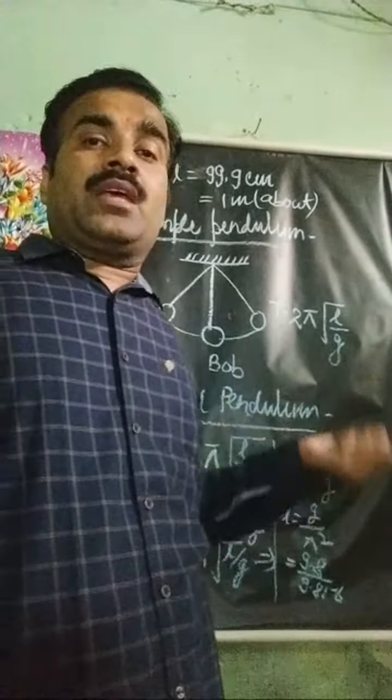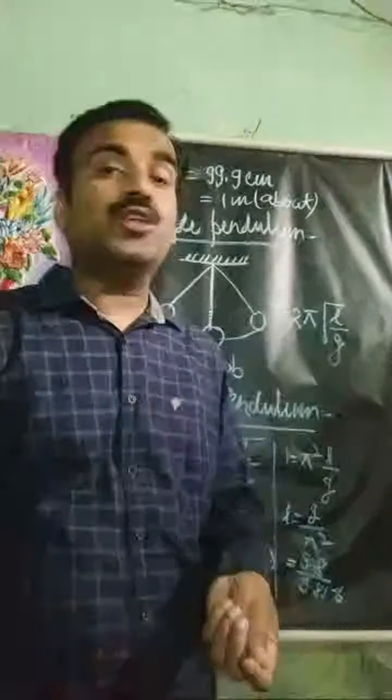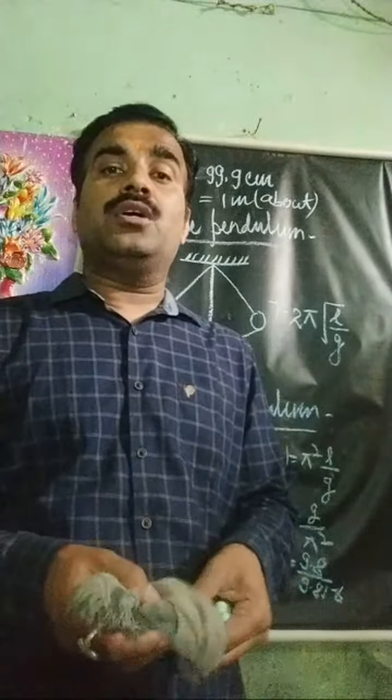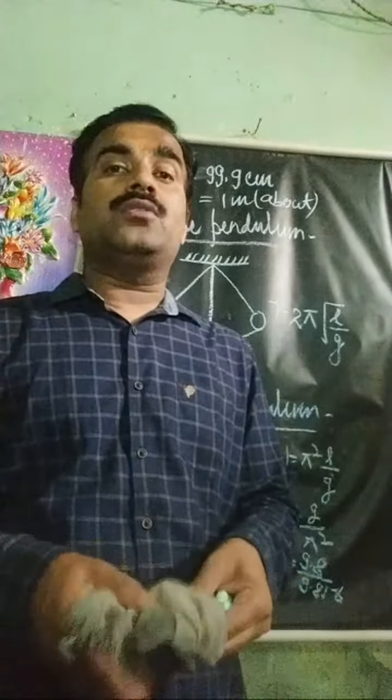Now, how can we draw the graph? Because most probably once you go for the lab, sometimes you also have to draw the graph between L and T square, or calculate the acceleration due to gravity by using length and time. Most probably you will get this in the lab in class 9th as well as in higher classes, that means in class 11th also.